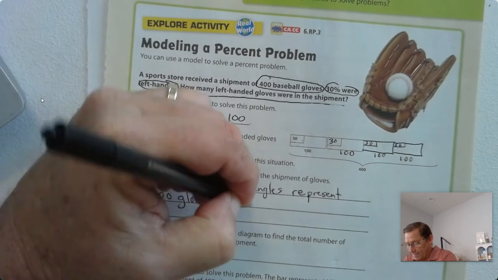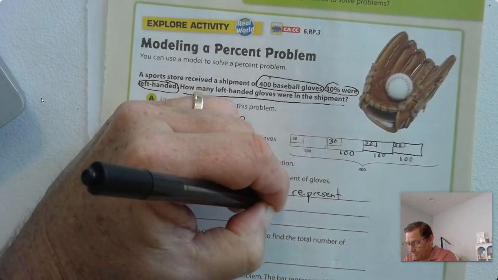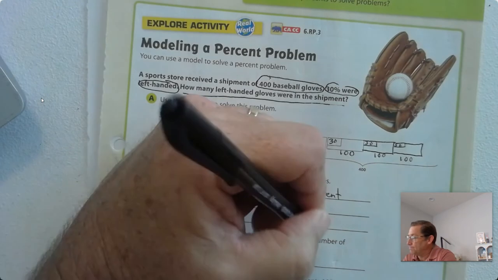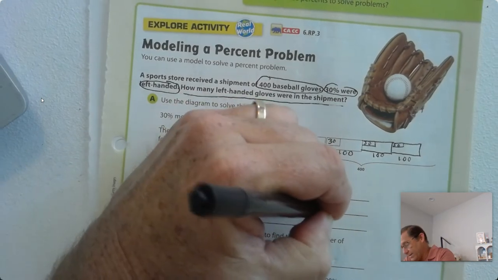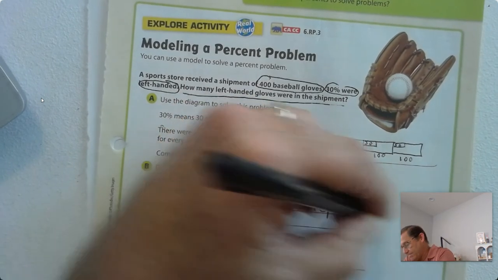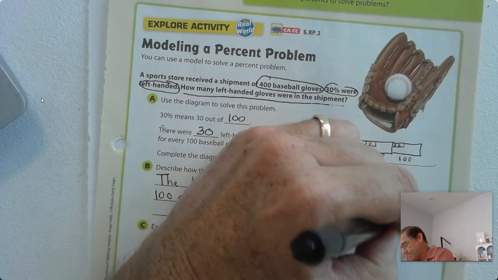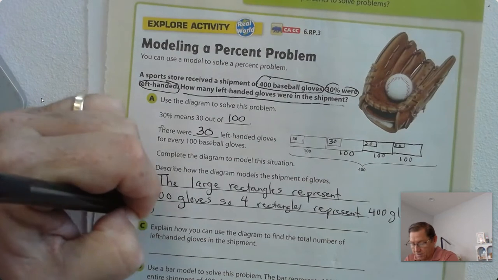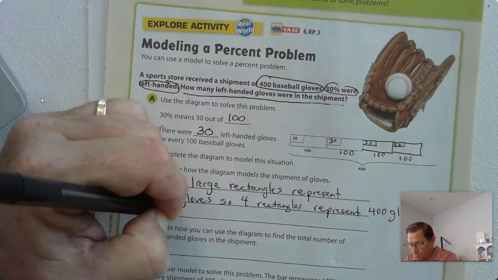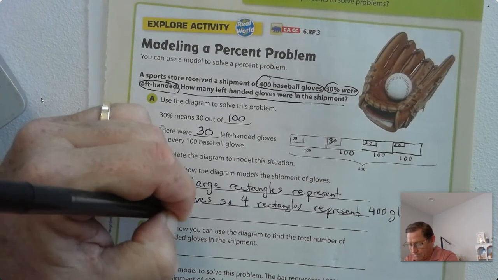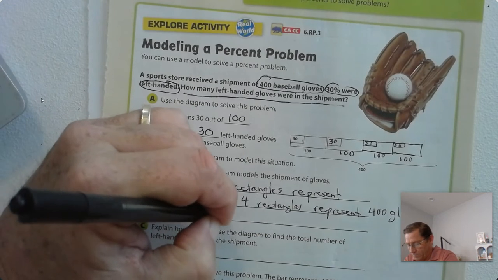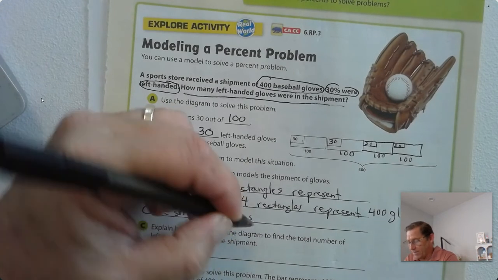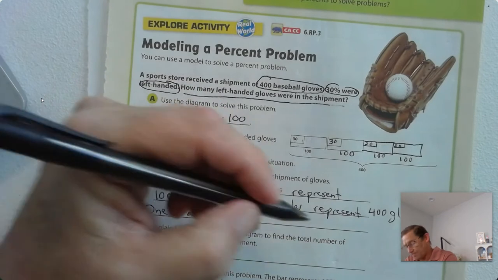So four rectangles represent 400 gloves. The small rectangles represent 30%, or 30 out of 100.